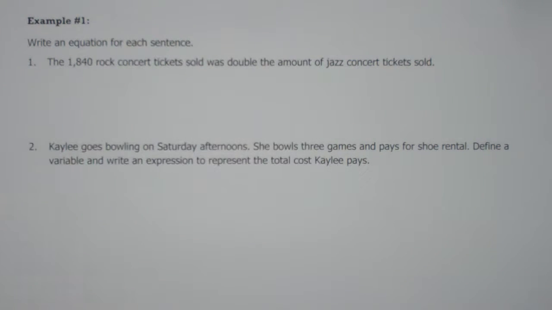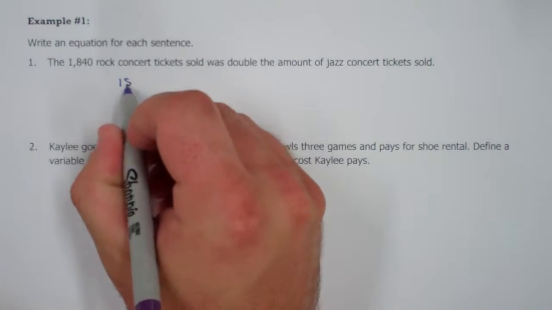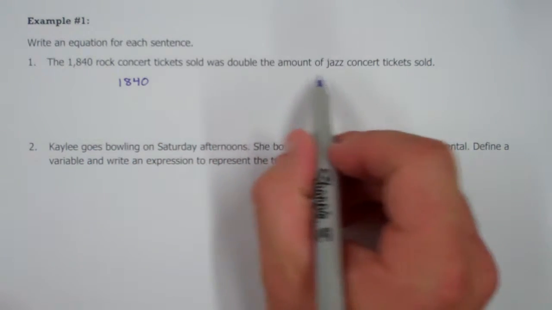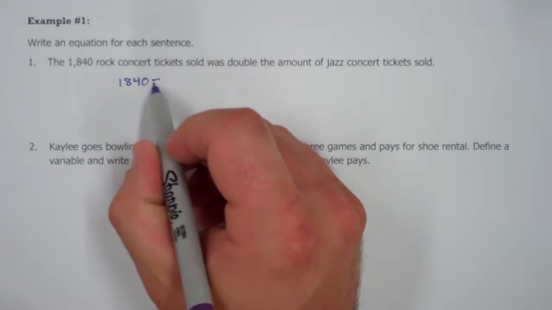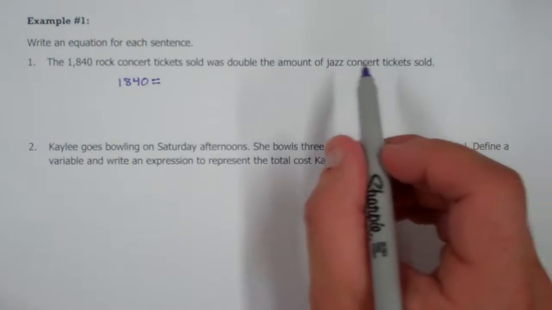If we look at the first one, it says the 1,840 rock concert tickets sold was double the amount of jazz concert tickets sold. Okay, well, we know one thing. We know that there were 1840 rock concert tickets sold, and that was equal to double the amount of jazz tickets sold.